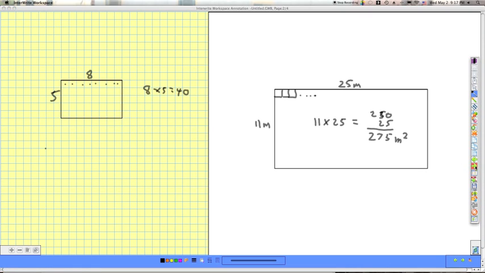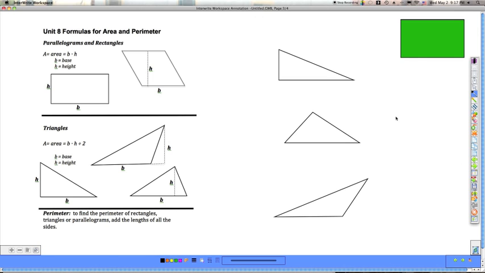For measuring the area of a triangle, we investigated and found that every triangle is half of a rectangle. And so we found that the formula for that was going to be base times height divided by 2. Some triangles are easy to measure. I have my base and height right here because I know this is a right angle.